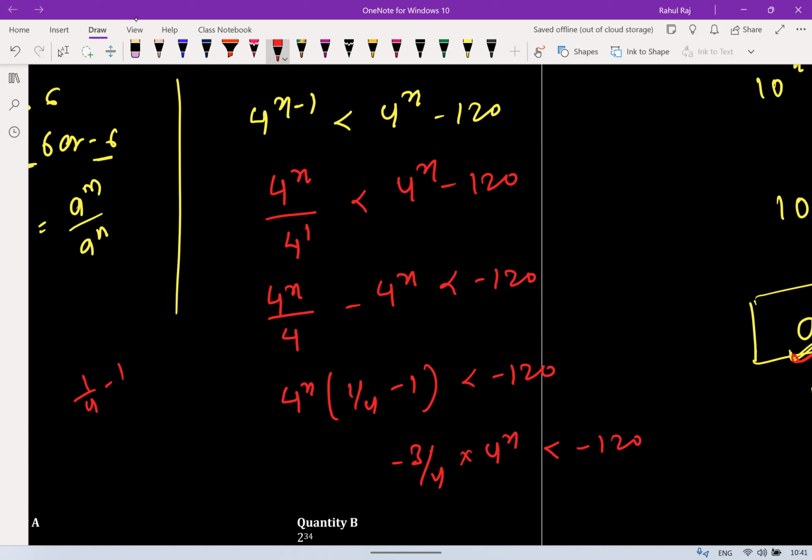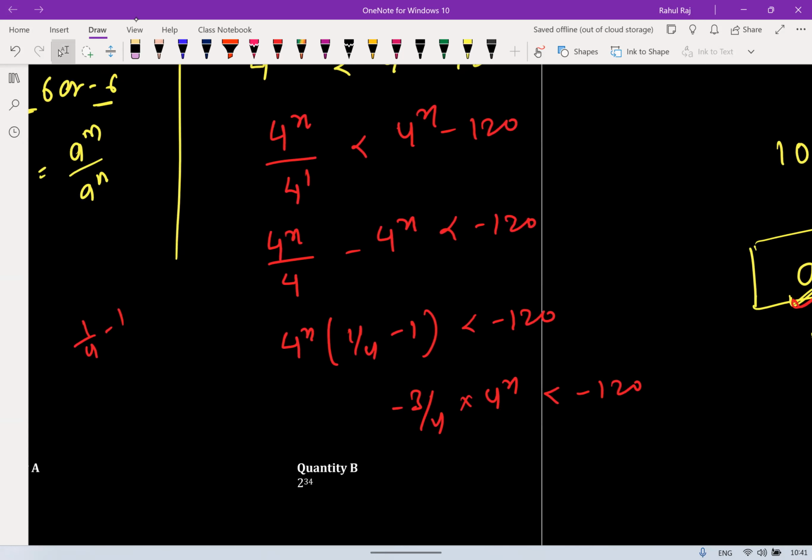Now can I cross multiply and multiply by negative also? If I multiply by negative, both the signs will become positive, and I can cross multiply 3 and 4. Can I write 4 to the power x greater than 120 cross 4 by 3?